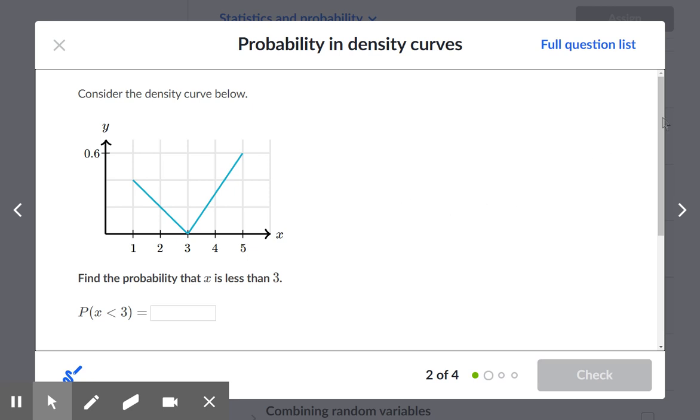Here, the area under the curve, the entire thing, would be from here all the way to 3, and then from 3 all the way to 5. When you add those two areas up, it will be equal to 1.